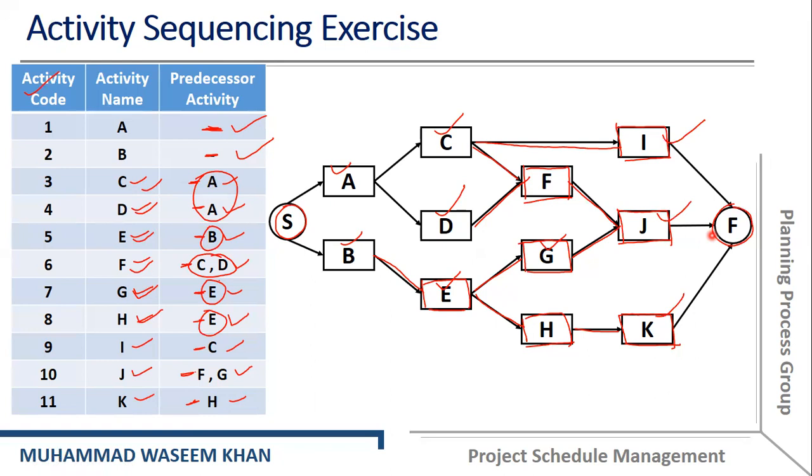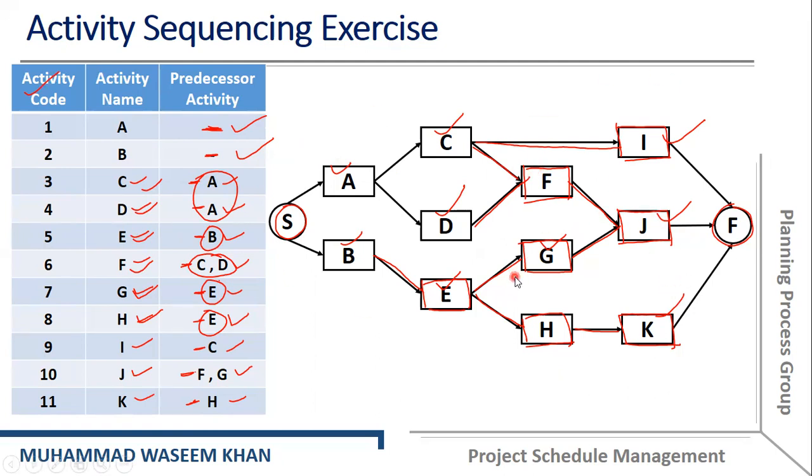In the previous lecture, we defined the activities, and we had the activity list, which you can see here on the left side of the screen. Now we have actually identified the basic sequencing or the network diagram for all of these activities.